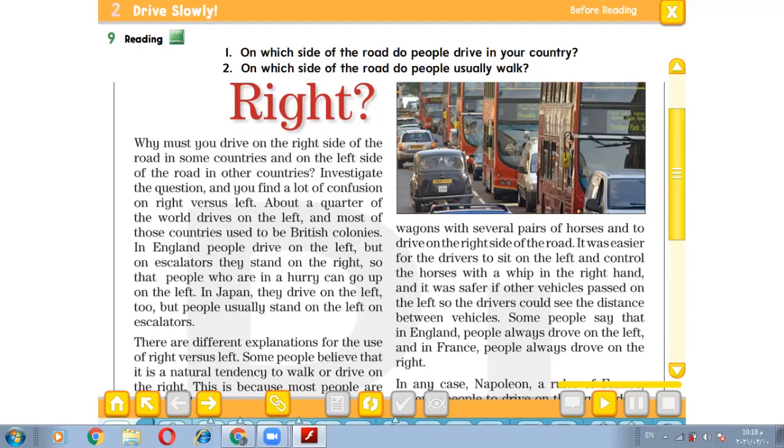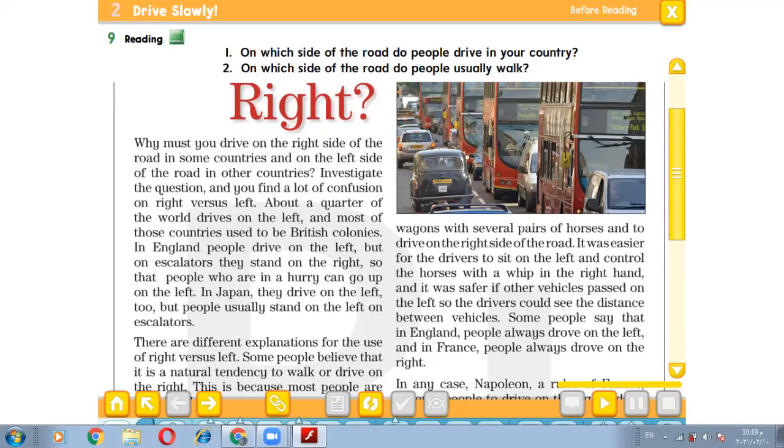About a quarter of the world drives on the left, and most of these countries used to be British colonies.